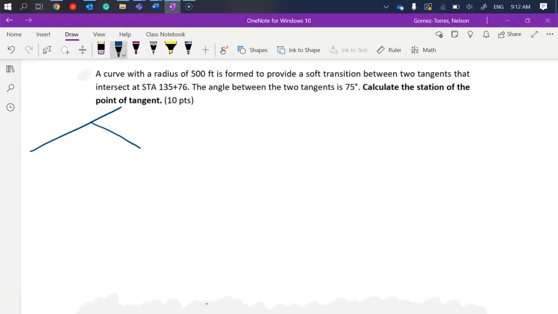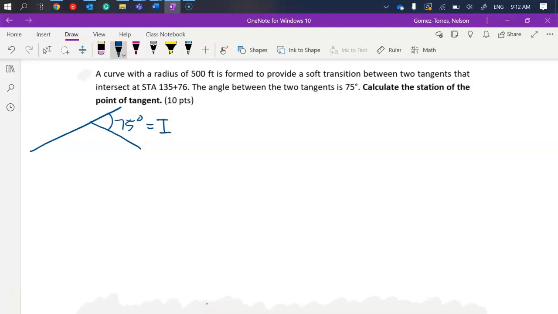So 75 degrees. Awesome. Now, it could be in any configuration because the only thing that is important is that the angle between them is 75 degrees. That angle has a name for us, and we call it the intersection angle, I.